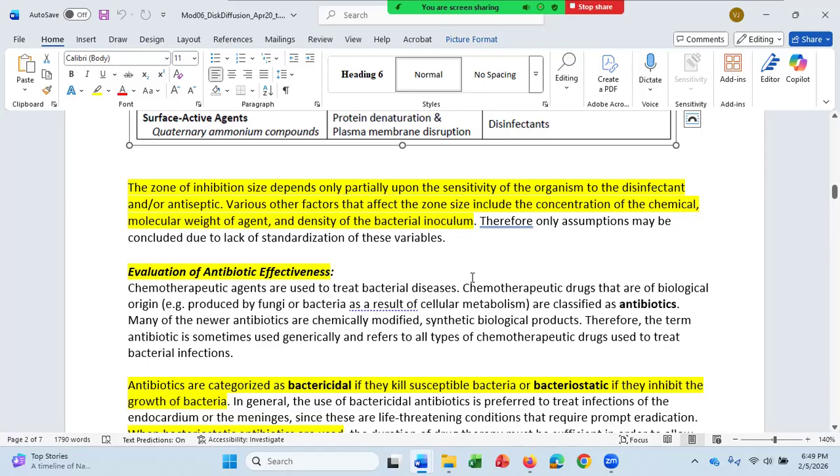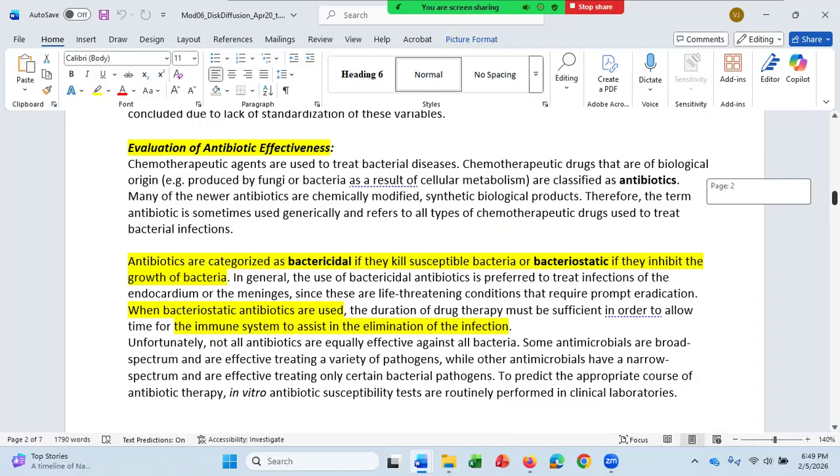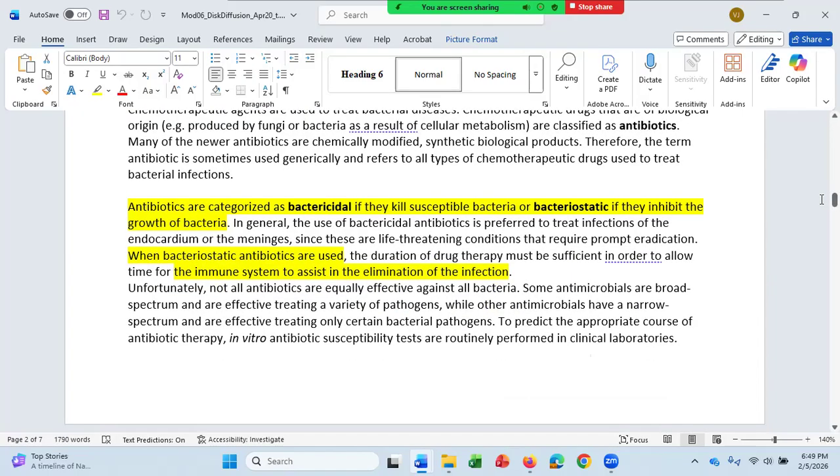The evaluation of antibiotic effectiveness. An antibiotic can be categorized as bactericidal if it kills the susceptible bacteria, or bacteriostatic if it inhibits the growth of bacteria. If it's only bacteriostatic, what we usually rely on is the immune system to assist in the elimination of the infection, as the bacteriostatic agent itself will not fully remove the agent.